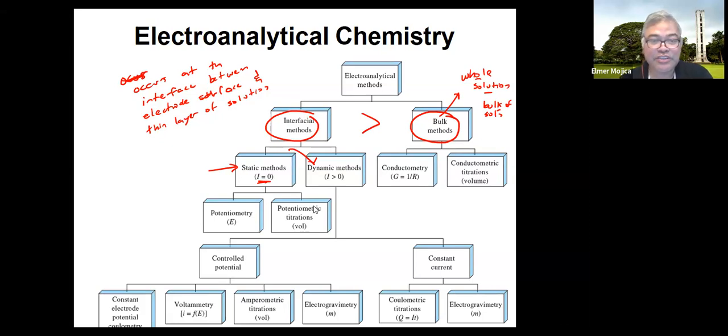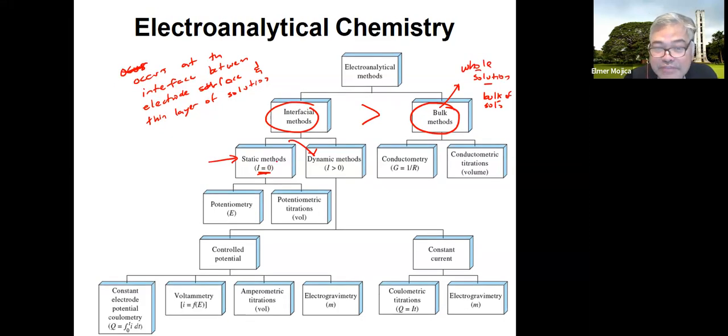As you could see, for static methods the current is equal to 0. Okay. And the classic example that you have there are your potentiometric methods. If you look at the units here, this is the potential and this is the volume.